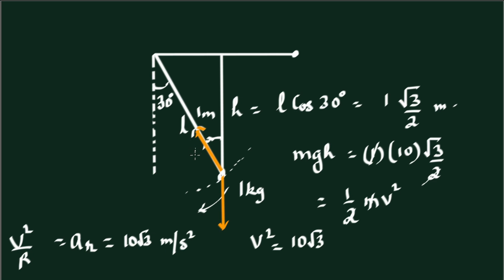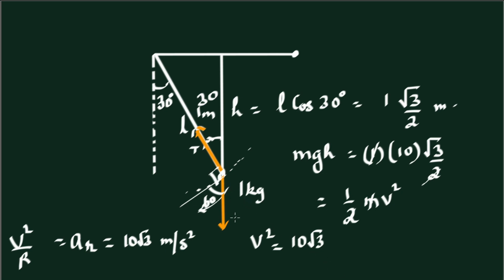Now the tension T has no tangential component, whereas mg has a tangential component. Let's find out what that tangential component is. This is the tangential direction, which is perpendicular to the radial direction. This is 30 degrees, and so this is going to be 60 degrees.